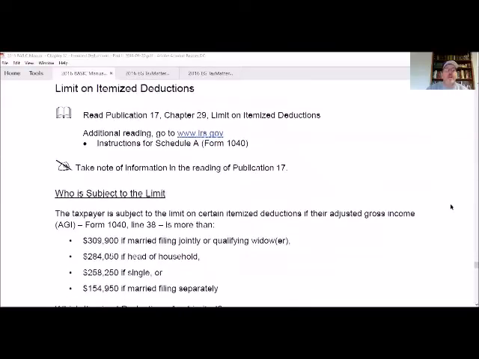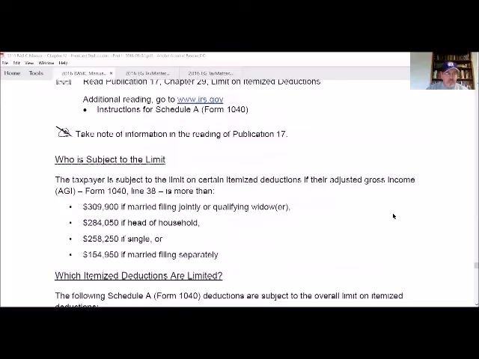Now, limit on itemized deductions. This is probably one not many of us are going to ever run into ourselves or ever see, but if you're married filing joint, you're limited to $309,000 of itemized deductions. If you're single, $154,000. Very rarely do I see anybody in excess of $40,000 to $50,000 of itemized deductions.